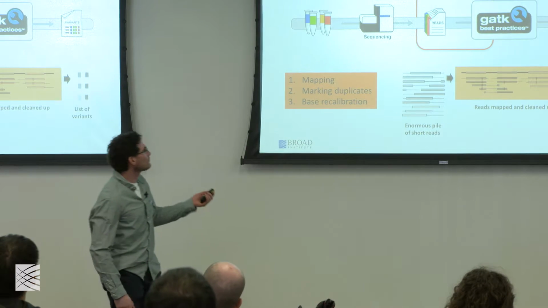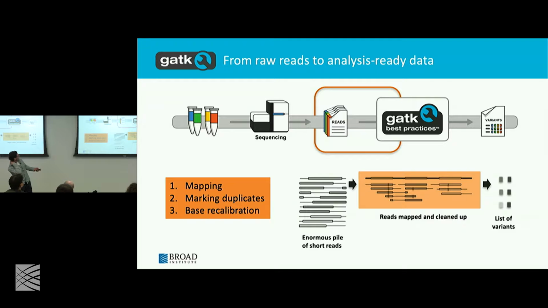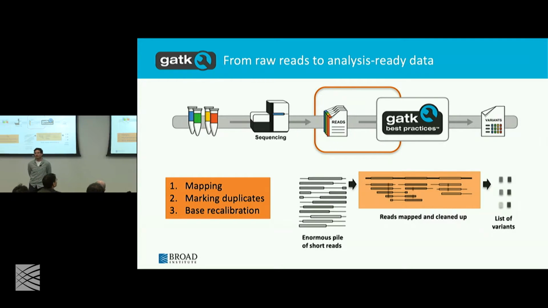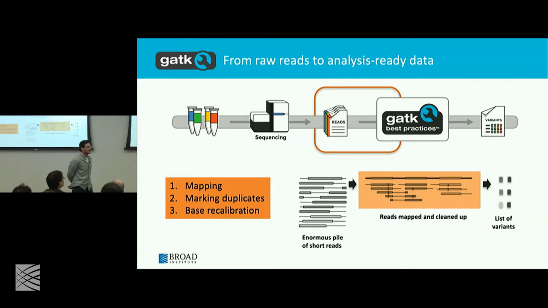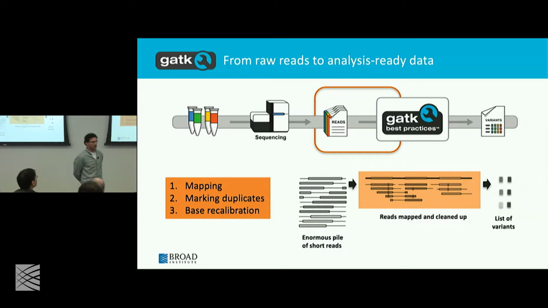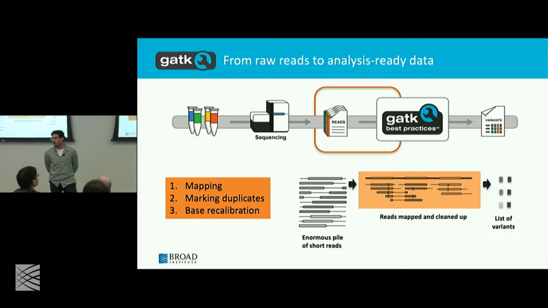So Mark talked a little bit about how we take the sample and we sequence it, and we get reads, and we want to talk about what happens in the first step of these reads, how they come off the sequencer, and what are the first few things we do to them before we think about variants. Just how do we get the reads to a state that we can even talk about looking for variants.